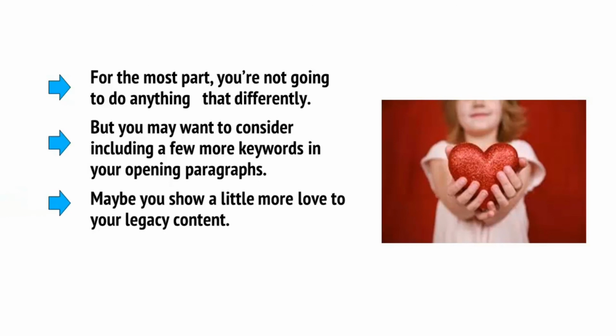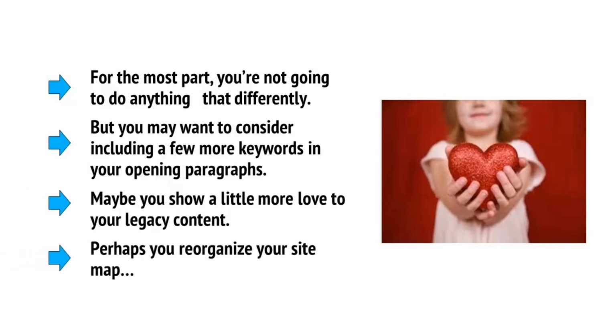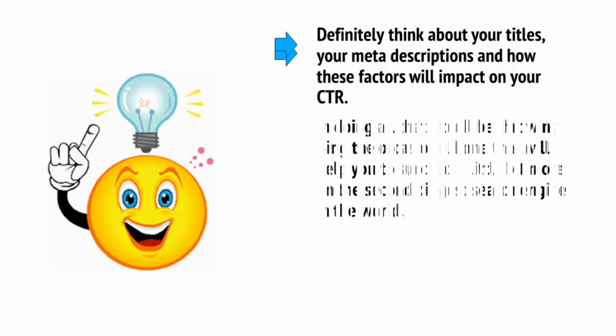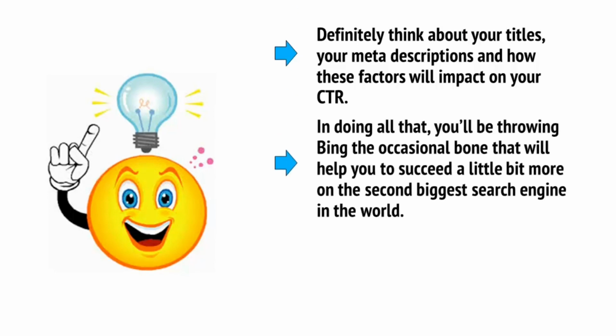Maybe show a little more love to your legacy content and perhaps reorganize your sitemap. Oh, and definitely think about your titles, your meta descriptions, and how these factors will impact on your CTR. And in doing all that, you'll be throwing Bing the occasional bone that will help you to succeed a little bit more on the second biggest search engine in the world.